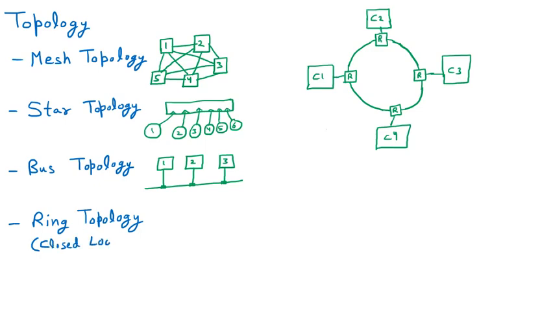Whenever something goes and comes back to the same place, that is called a loop. That's why it is also called the loop network. So if somebody asks you in the examination what is the closed loop or loop network, then that is the ring topology they are talking about. So we can also say that this one is the loop network.